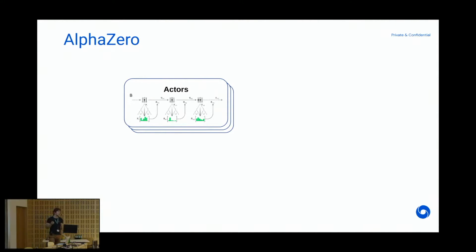And just to decide on this one first move, the agent will build this tree search. So it will examine possible moves it might possibly play, multiple steps into the future, and it will build this tree in a way that's guided by a neural network. So the neural network will suggest to the agent what kinds of moves it should consider.